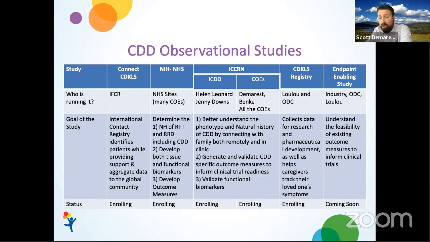And if you're not, and you only fill out data through the ICDD, that's fine as well. Or if you don't live in the US and can't make it to the US, that's fine. You can fill out registry information and information through ICDD that will still be useful in terms of all of our combined goals of getting ready for clinical trials and knowing more about all of the impacts across life of CDD.